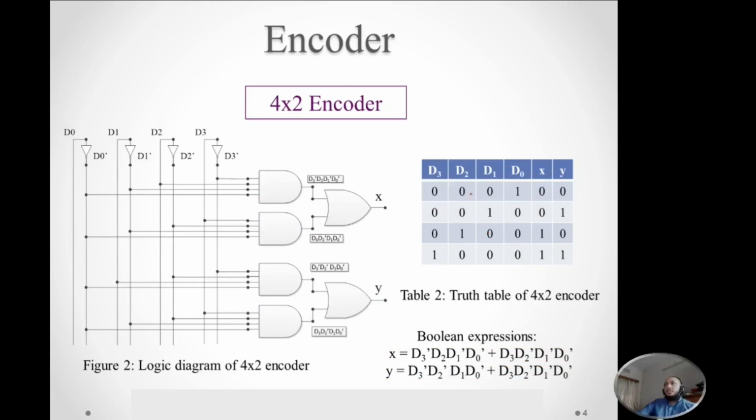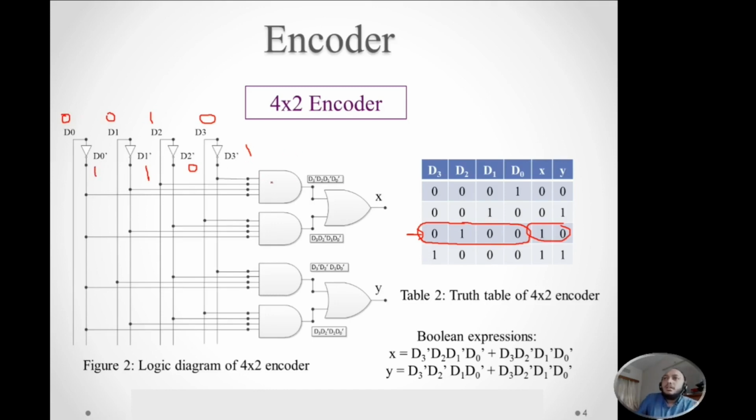Okay, so let's consider another case and see if our desired output is correct or not. We are considering this case where the inputs are 0 1 0 0 and we are expecting the outputs 1 0. Now d3 is 0, so d3 prime will be 1, d2 is 1, d2 prime will be 0, d1 and d0 are 0, so here we will get 1.